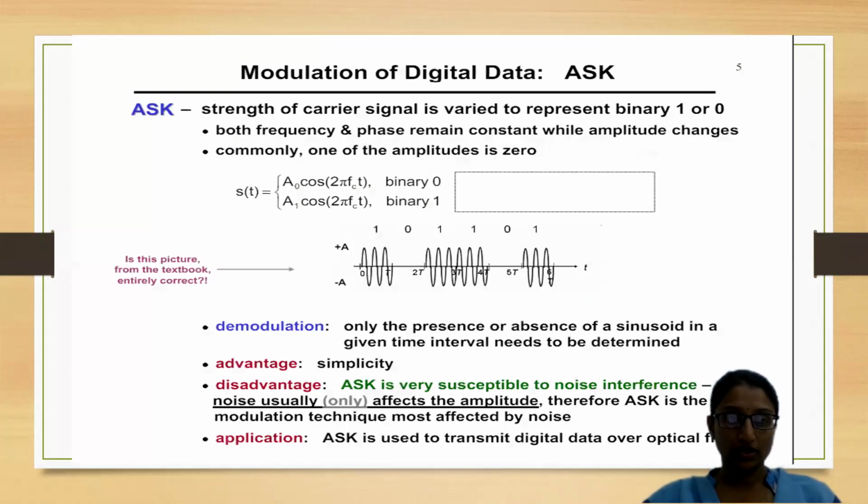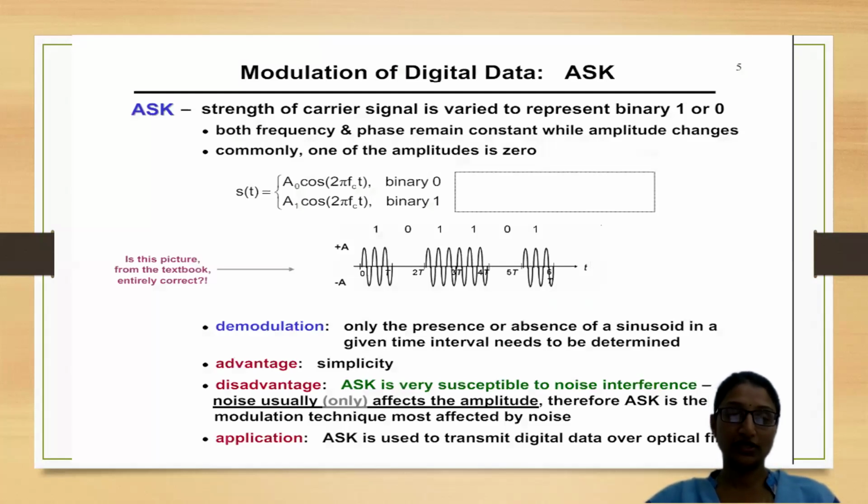Now, coming to the demodulation, the presence or absence of sinusoid in the given time interval needs to be determined. Coming to the advantage, it is simple to implement. Disadvantage, it is susceptible to noise interference.